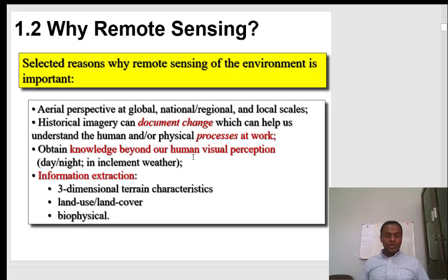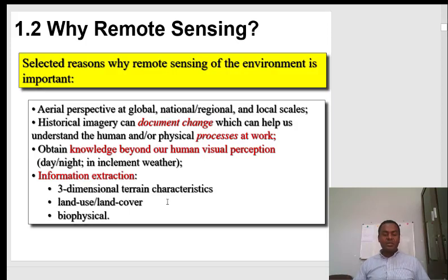The best example for this is the SRTM digital elevation model, which is terrain data. So we are now able to compute the slope of the whole world, the digital elevation of the whole world, in a minute. It is because remote sensing gave us this kind of opportunity.